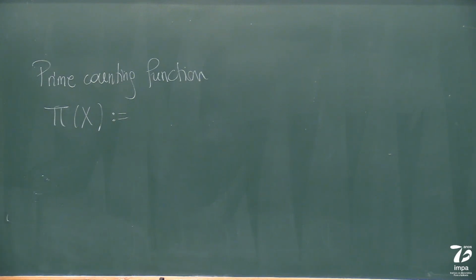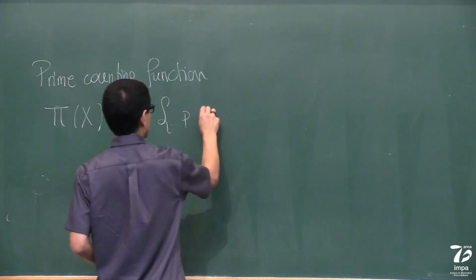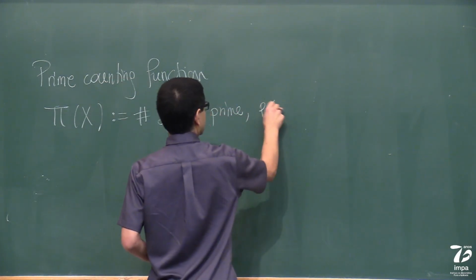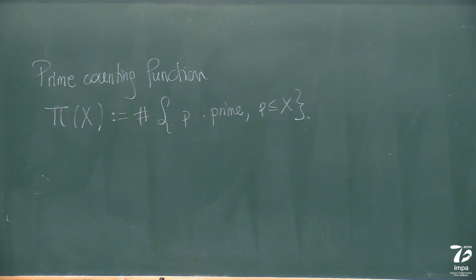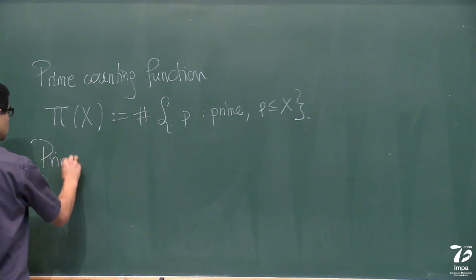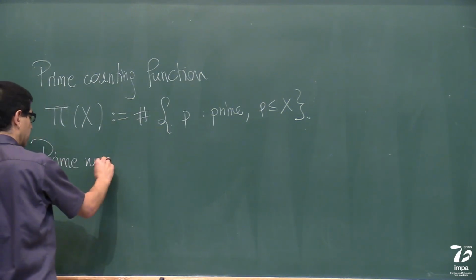And this simply counts the number of prime numbers that are less than or equal to x. All right, so the prime number theorem says that it gives the asymptotics of this function.